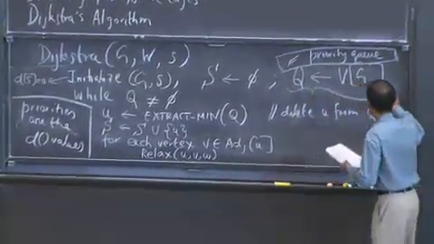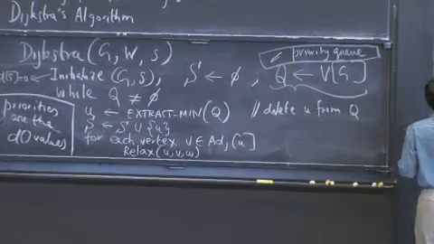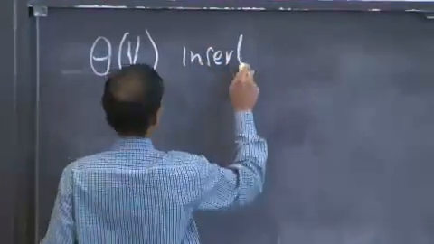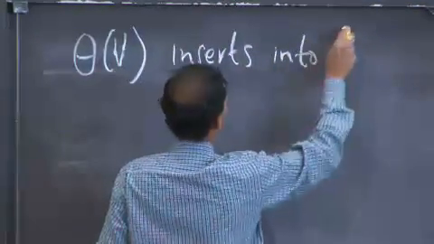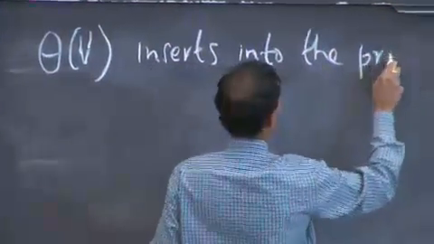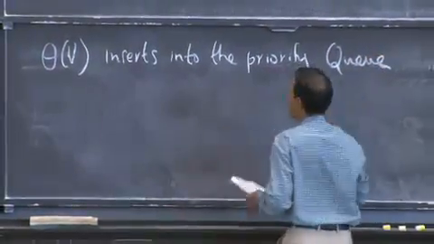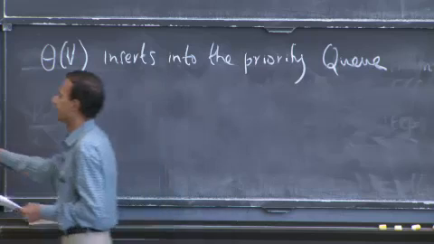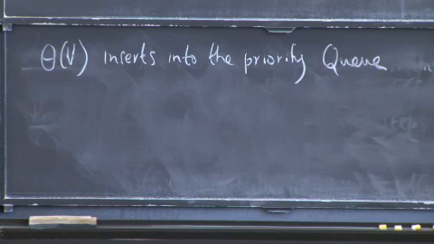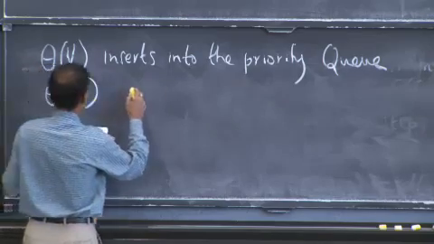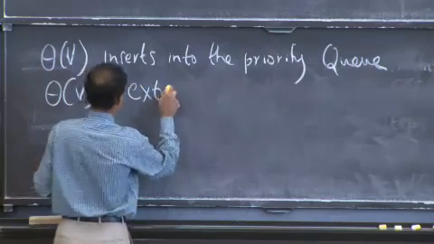I got an operation here corresponding to theta V inserts into the priority queue. And that's inserting things into the queue. I got theta V extract min operations.